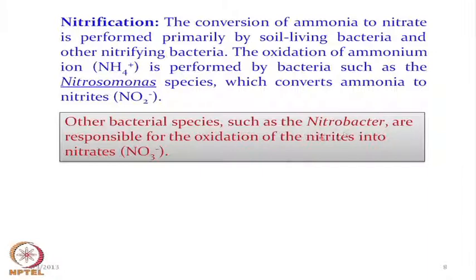Nitrobacter are responsible for the oxidation of nitrites into nitrates. So the conversion of ammonium to nitrite and nitrite to nitrate depends on bacteria, and we get different types of biochemical reactions.